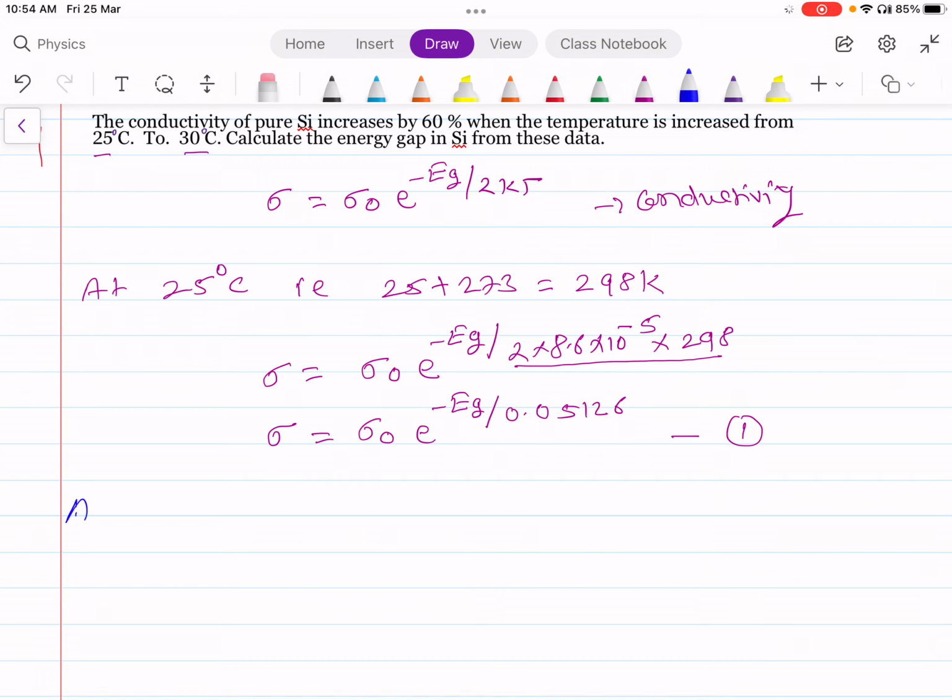So this is conductivity at temperature 25 degrees Celsius. Then at temperature 30 degrees Celsius, that is 30 plus 273, which is equal to 303 Kelvin.